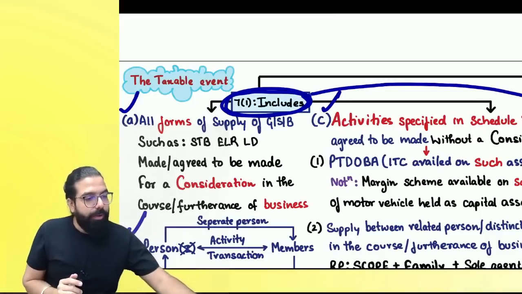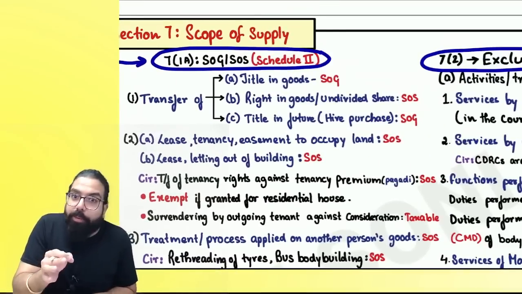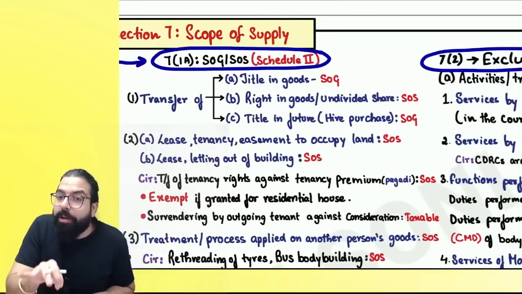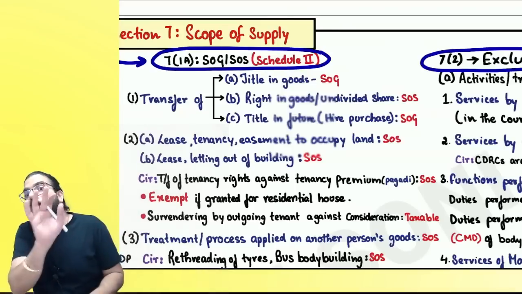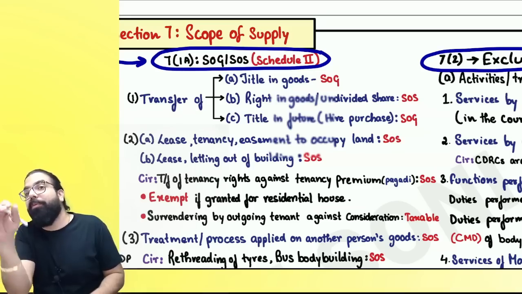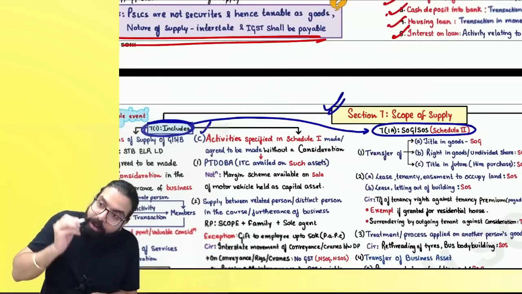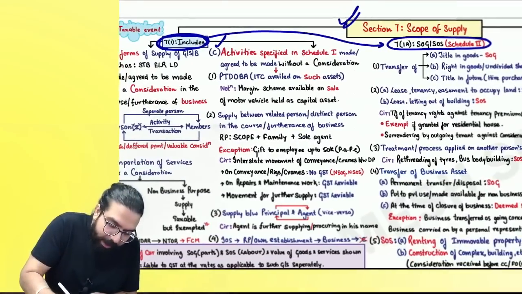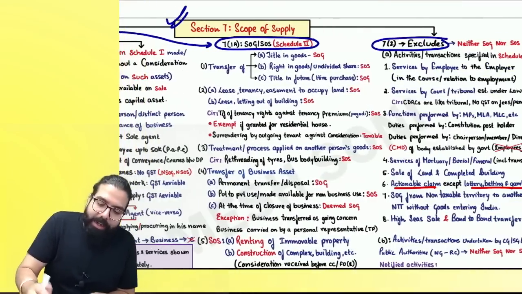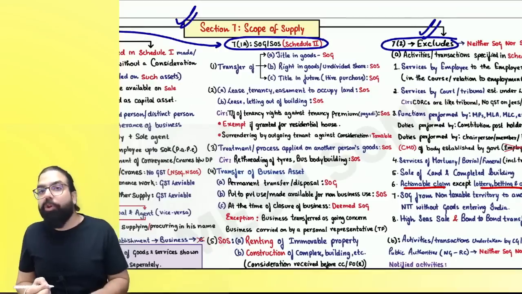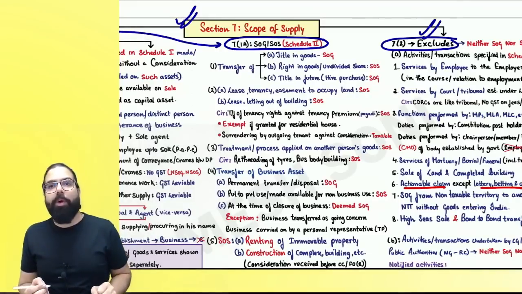Section 7.1 capital A will tell whether it is supply of goods or supply of service. And then, even if something is falling in section number 7.1, A, B, or C, still, if that activity is mentioned in section number 7.2, it will be neither supply of goods nor supply of service. Can we go ahead, everyone?